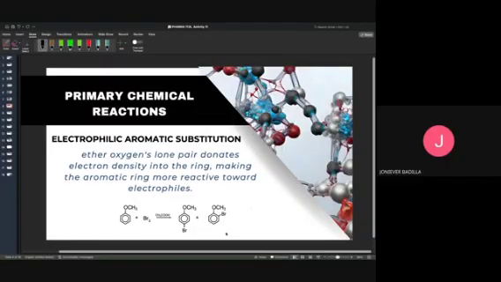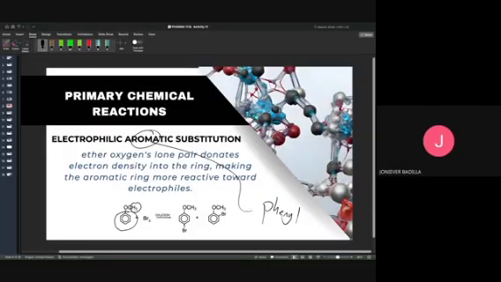So next would be your electrophilic aromatic substitution. Since we have the word aromatic, this is specific already to your phenyl-containing ethers. Now, the R group, in this case, we have your methyl, and the other R group here is already a phenyl group. So under your electrophilic aromatic substitution, let us try to consider already an example.